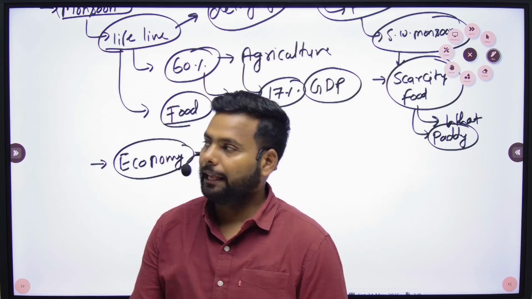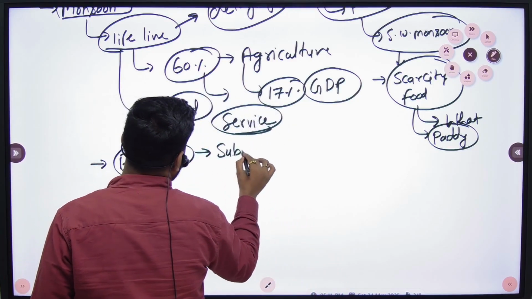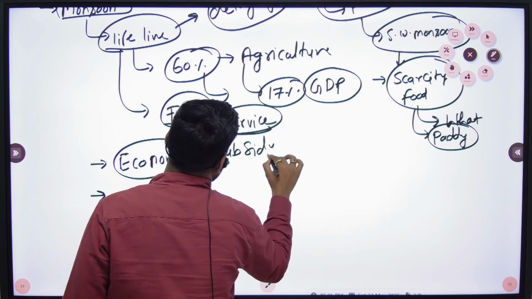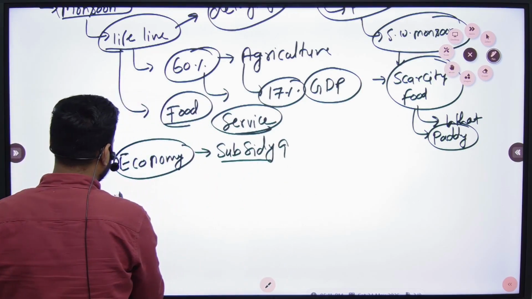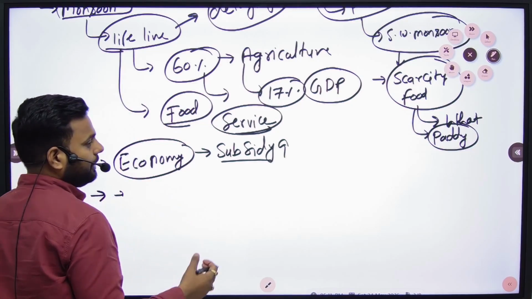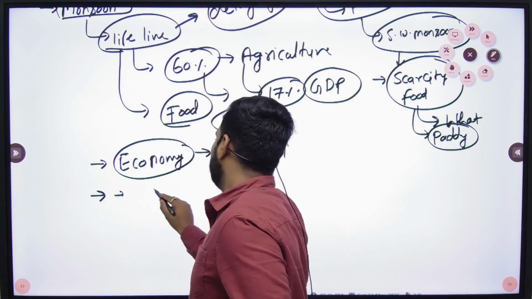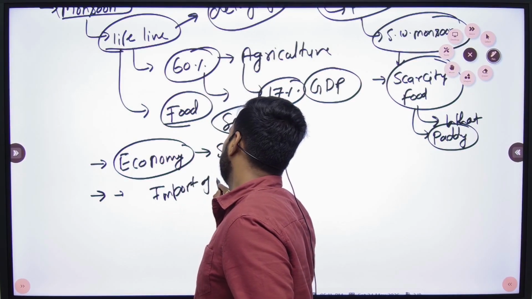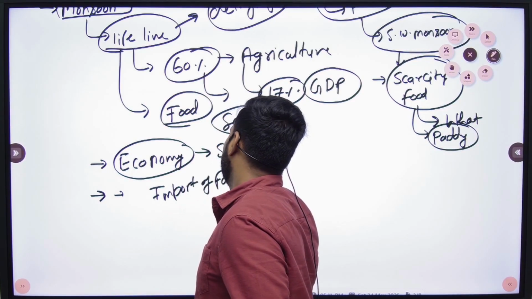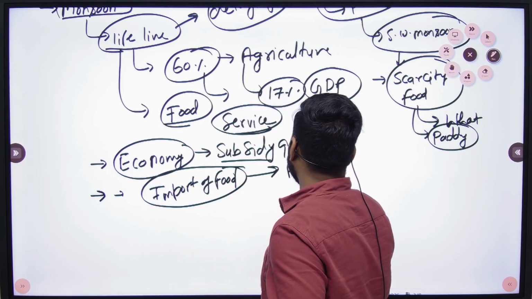If the monsoon is not on time, it will increase the subsidy. It will increase the over dependency on the import of food grains. It will lead to a burden on the foreign reserves of India.